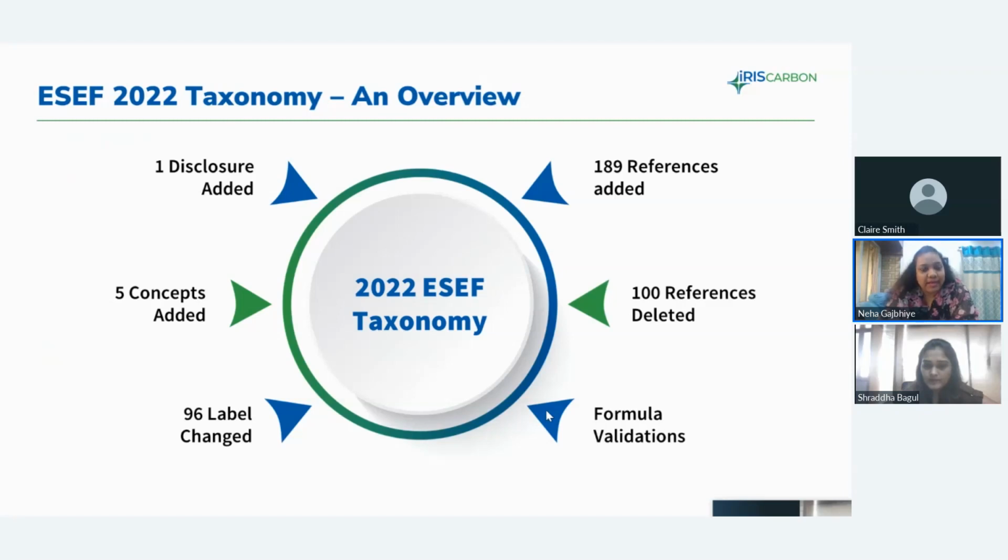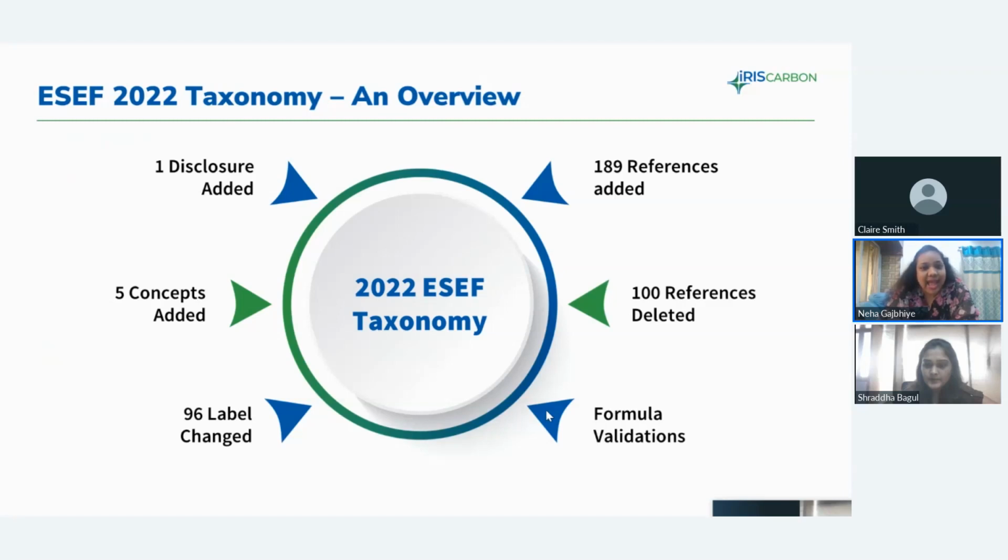As ESEF adopted the IFRS taxonomy, there are major changes in the IFRS standards. If you see the statistics here, one disclosure has been added, 5 line items added in 5 different disclosures, 96 labels changed, 189 references added and 100 references deleted.